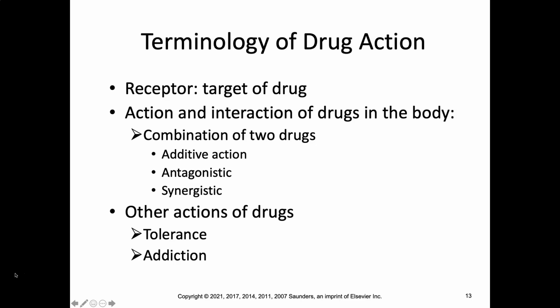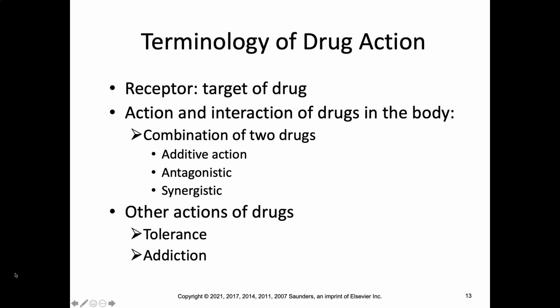Most drugs are set up so that they have a specific receptor. And if you're looking in your book, this is top of page 828. So when a drug enters the body, it's trying to interact with a specific target or receptor.